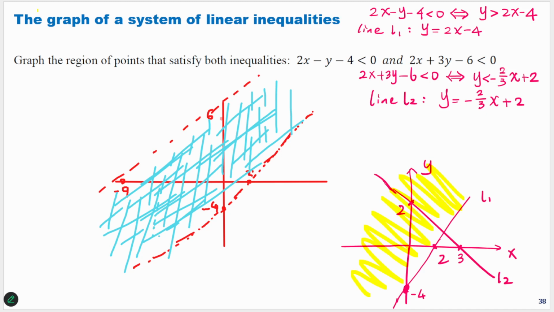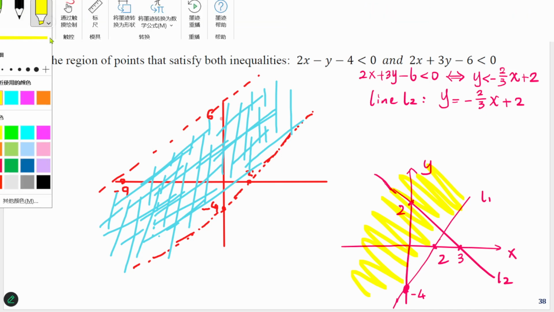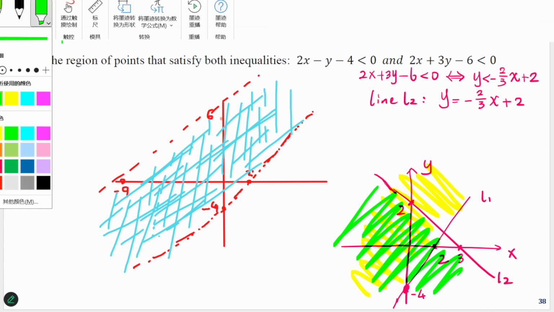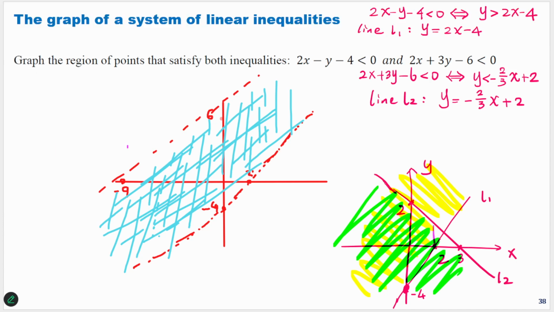But we also need all the region that is below line 2. So what is the overlapped area? Can you find that? We need the region below line 2. So the overlapped area is actually here. I'll use another color here.